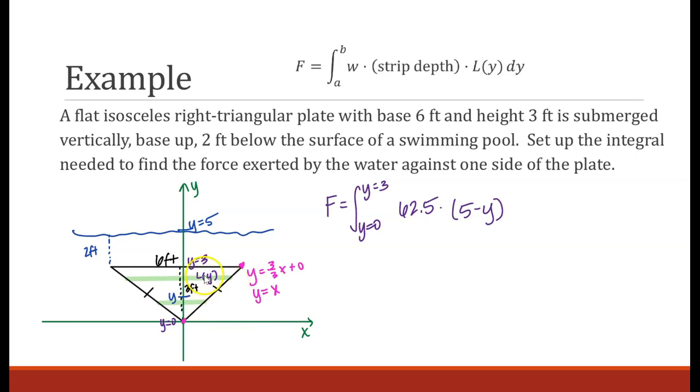All right, but I want L to be a function of y, so I don't want to think about this as y equals x. I want to think about it as a function of y, as x equals y. So this right side equation is x equals y, and I need to do right minus left. So what's the other side here?